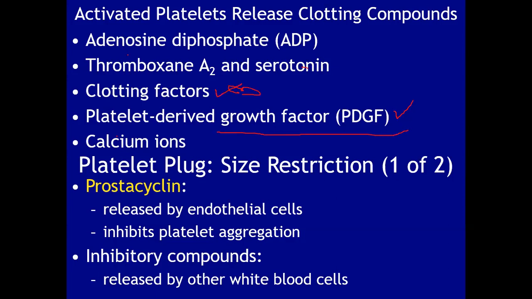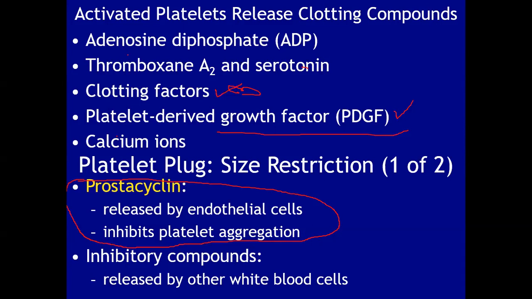Okay, so now that we've got the platelets doing their job and we've covered up the endothelial cells, we start to see prostacyclin released. Okay, and that's going to inhibit that platelet aggregation. Okay, so prostacyclin released by the endothelial cells says, okay, that's enough. We don't want this thing to continue to grow out of hand.